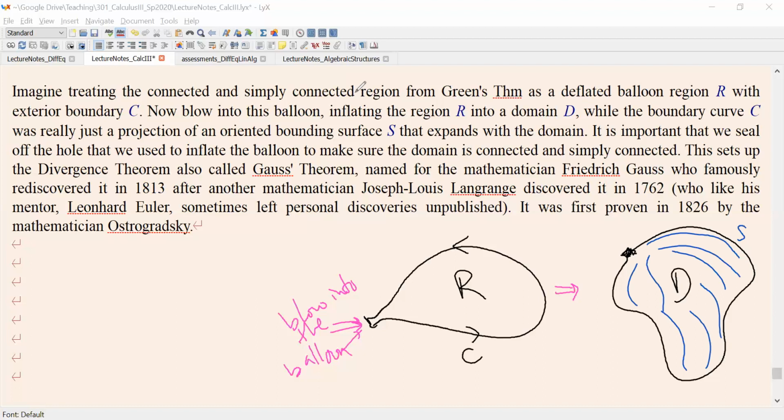And we can move that balloon through space and change its position, orientation, moving around, but the surface will always be closed around it. And the outer part of the surface will always be outer, and the inner part of the surface will always be inner, so that orientation stays the same. And that's the extension of a simple closed curve.